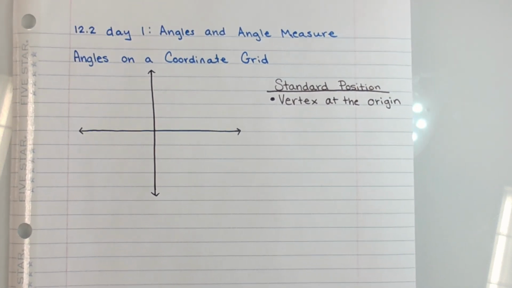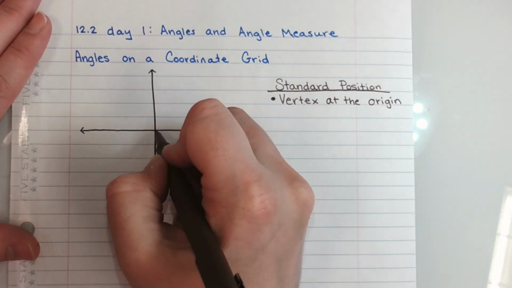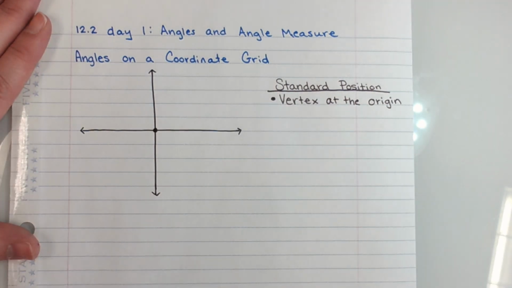Coordinate point 0, 0. Okay, what's a vertex? The corner, it's the pointy part of the angle. An angle is made up of two rays that intersect at a point, and that point is the vertex. So the vertex is at the origin, the pointy part of the angle is right here.